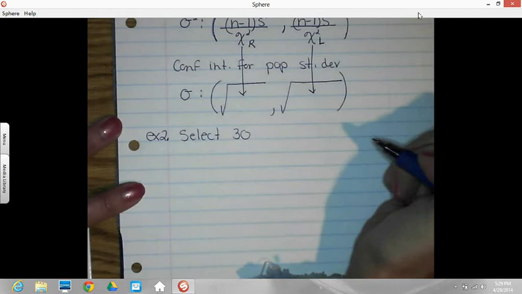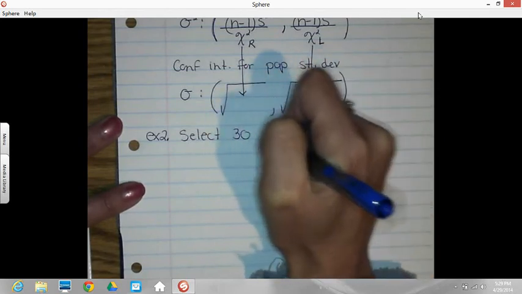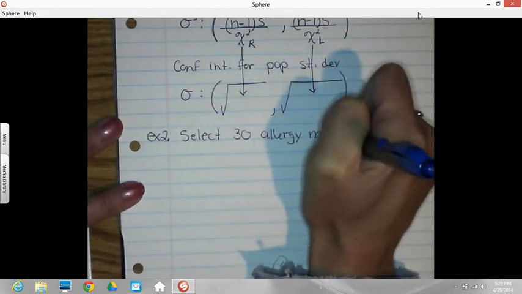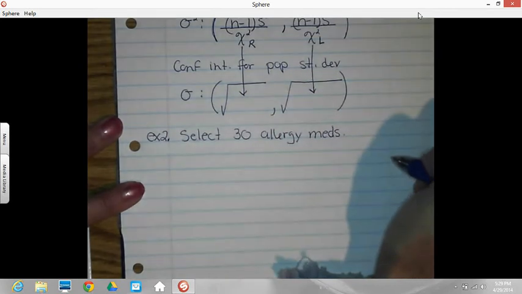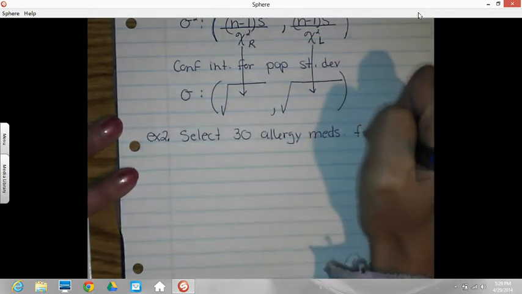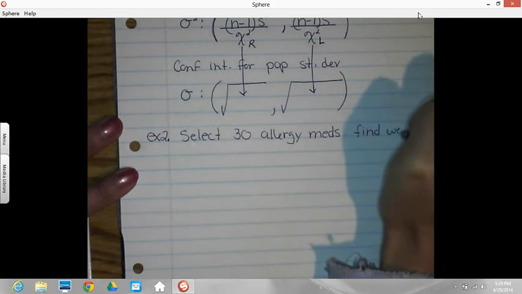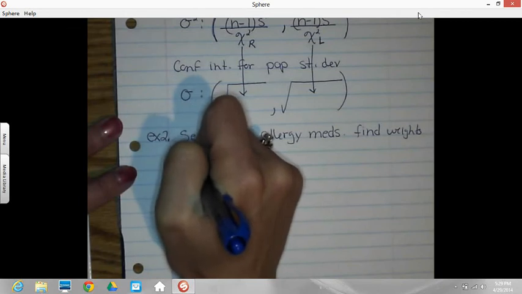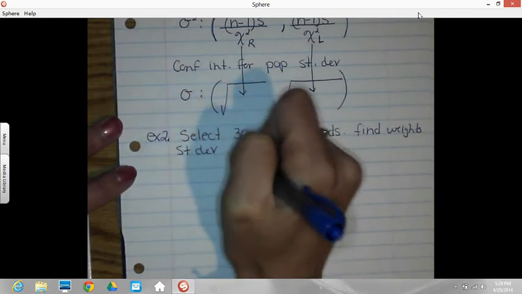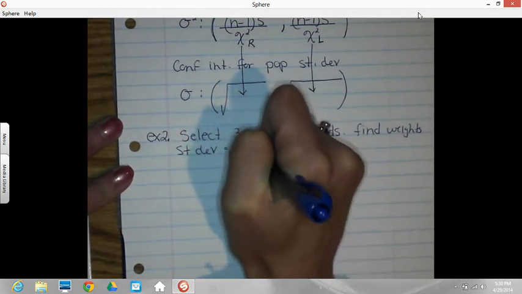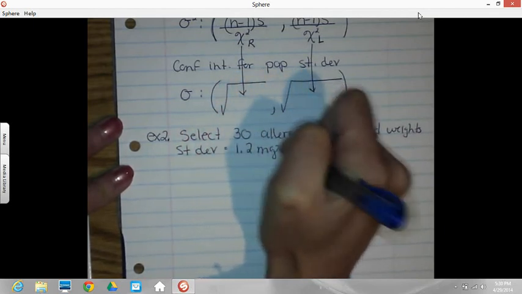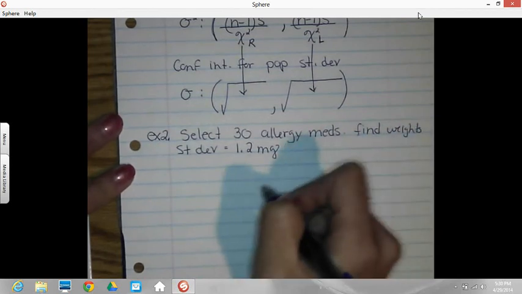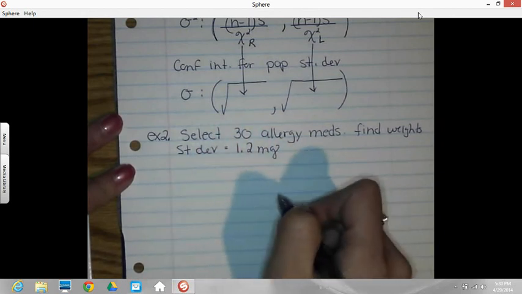It's allergy season, so select 30 allergy meds, and you're going to find the weight. The standard deviation of your sample was 1.2 milligrams. Assuming that weights are normally distributed, but remember when we take the standard deviations, that's what makes our skewed graph. So weights are normal.